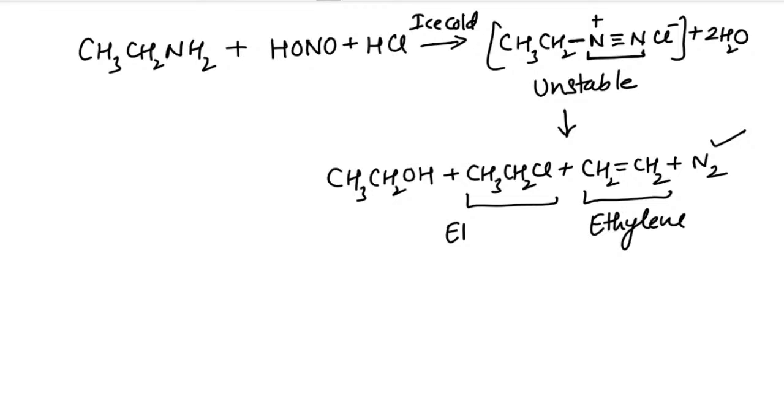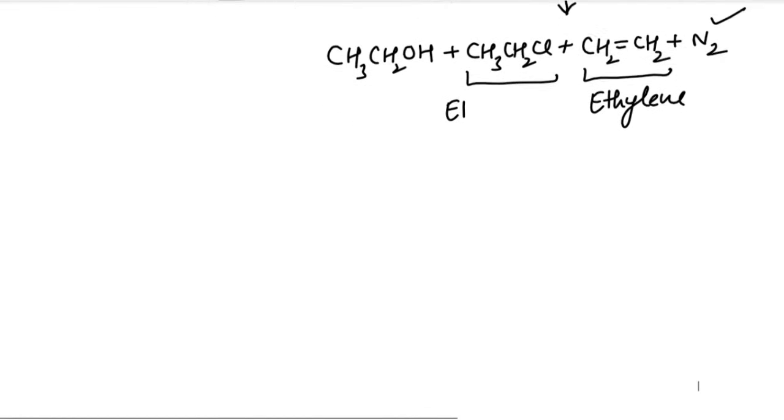In the case of aromatic amine, the diazonium salt is somewhat stable, but in aliphatic amines even that is highly unstable because nitrogen is a very stable gas, so that is separated from the salt. Okay, so next is, got it, Muskan?